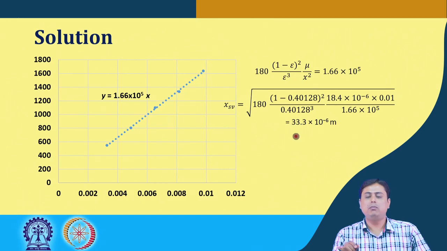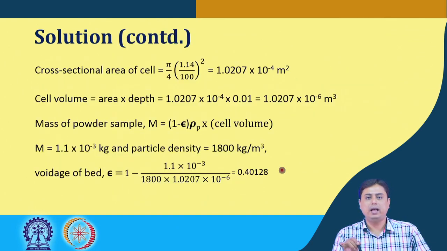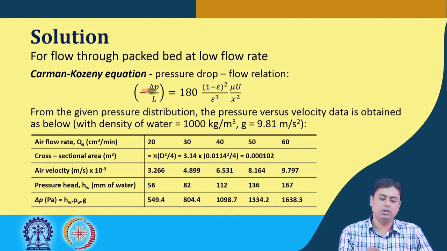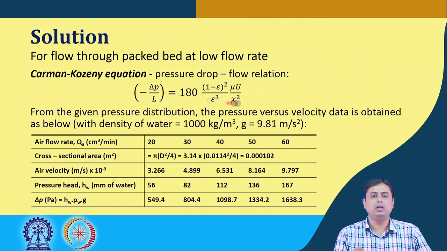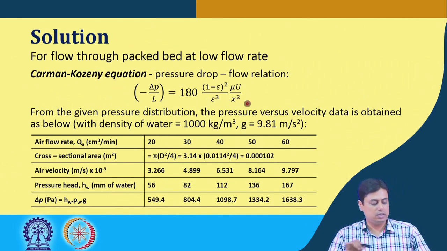Okay, you should be able to find out the particle Reynolds number and check that it is really low, so that the application of Carman-Kozeny equation or Kozeny-Carman equation is valid. So, this is the cross check you must do that I have not shown here.